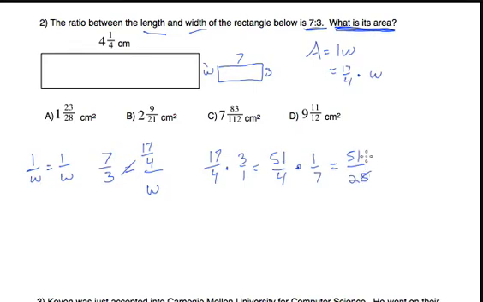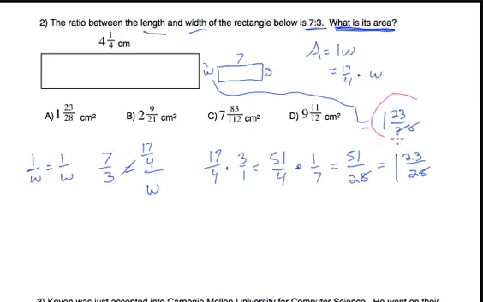Now, our width is 51 over 28, which, if we turn that into a mixed number, 28 goes into 51 one time with a remainder of 23 28ths. So the width here equals 1 and 23 28ths.